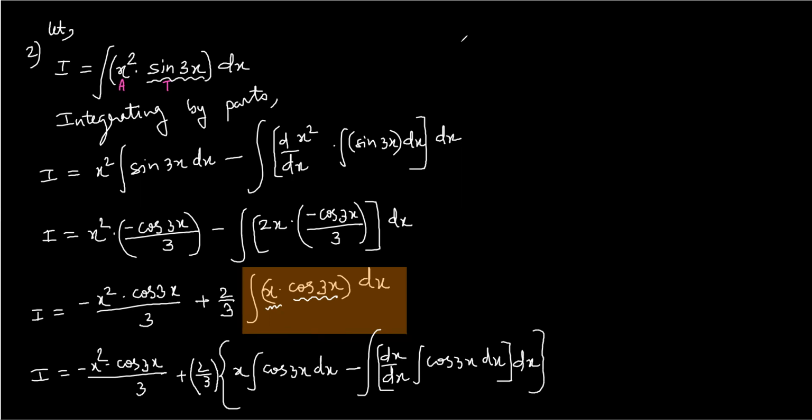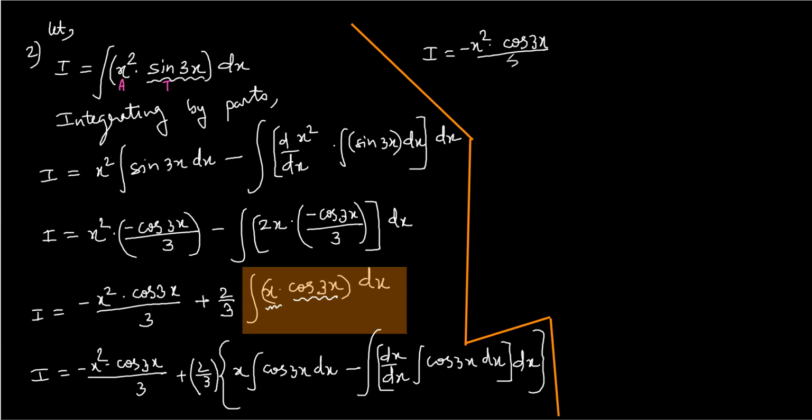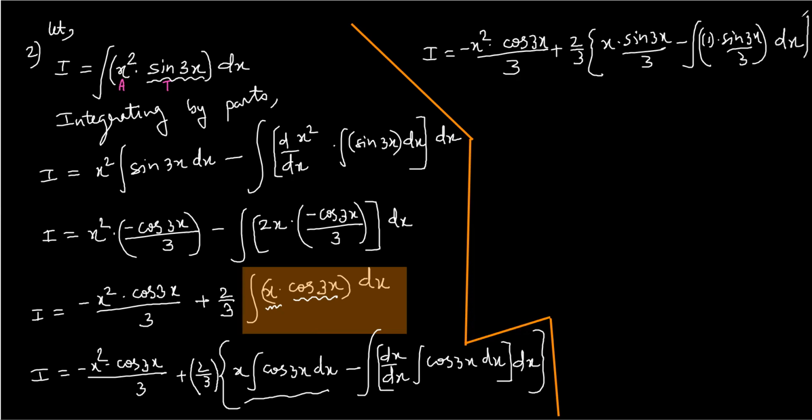So the next step is I equals minus x square into cos 3x divided by 3 plus 2 divided by 3, inside the bracket you have x integral cos 3x, which is sine 3x upon 3, minus, now d by dx of x is 1, and integral cos 3x dx is sine 3x divided by 3, bracket is closed, and dx once again, the outer bracket closed.